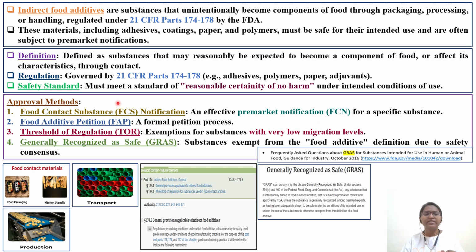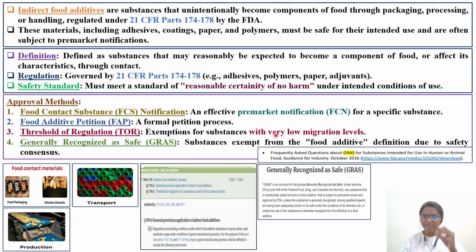So what are the different approval methods? In the previous slide we have seen the food contact substance notification, an effective pre-market notification for a specific substance. Next, a food additive petition, a formal petition process you have to do to the FDA. Forms will be there. Then threshold of regulation, TOR, which includes exemptions for substances with low migration levels.